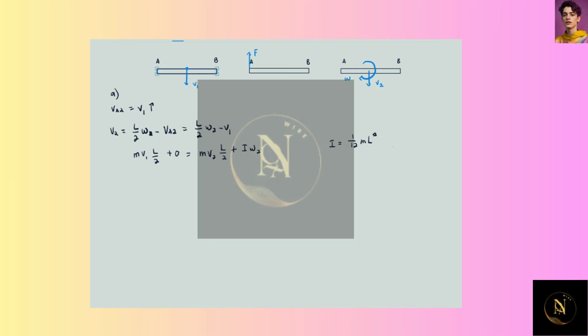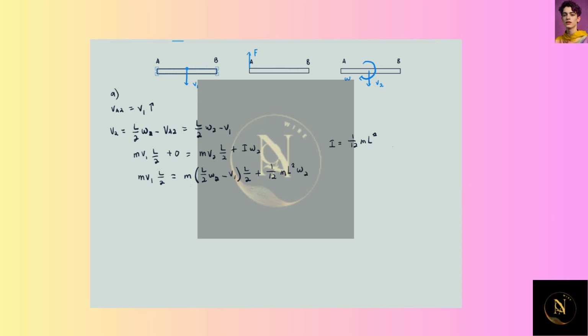Substituting this and the equation for V2, our equation would be M V1 L/2 equals M times L/2 omega 2 minus V1 times L/2 plus 1/12 mL squared omega 2.